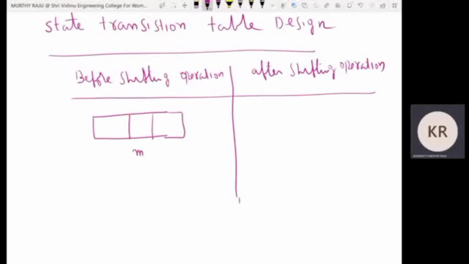This one is M1, M2. Generally, 4 states are there: 00, 01, 10, 11. Initially, this is the M value.